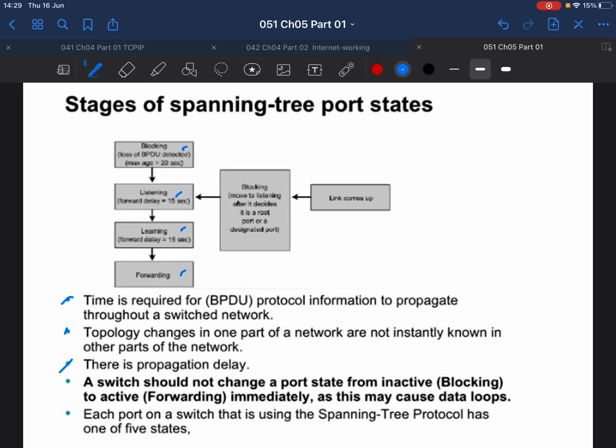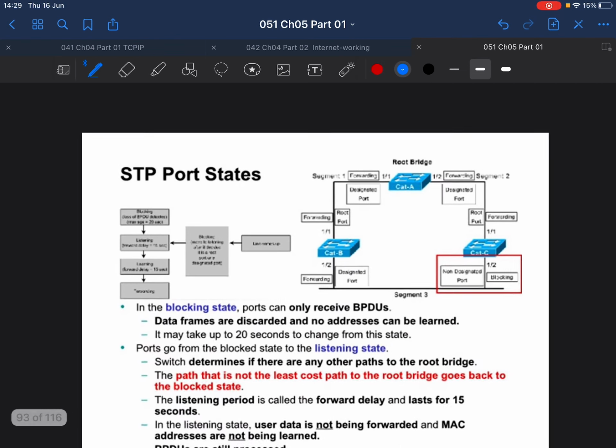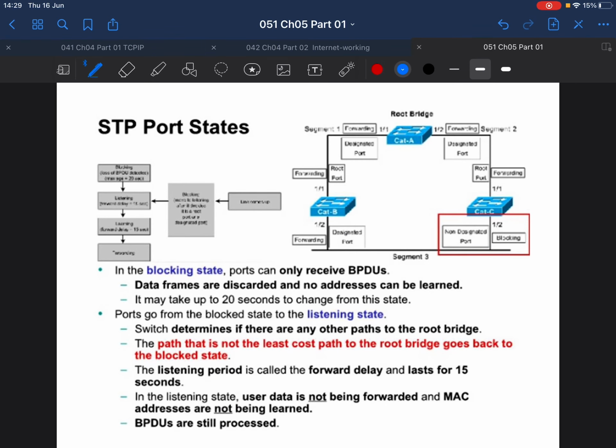There is propagation delay. A switch should not change a port state from inactive, which is blocking, to active forwarding immediately, as this may cause data loops. Each port on a switch that is using spanning tree protocol has one of 5 states. These are the STP port states.